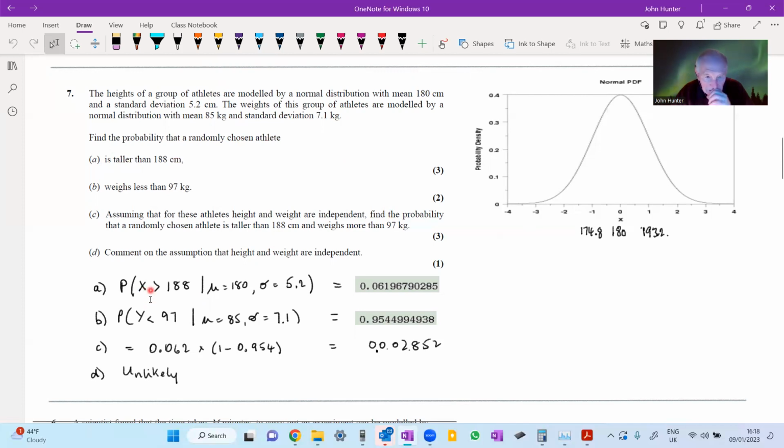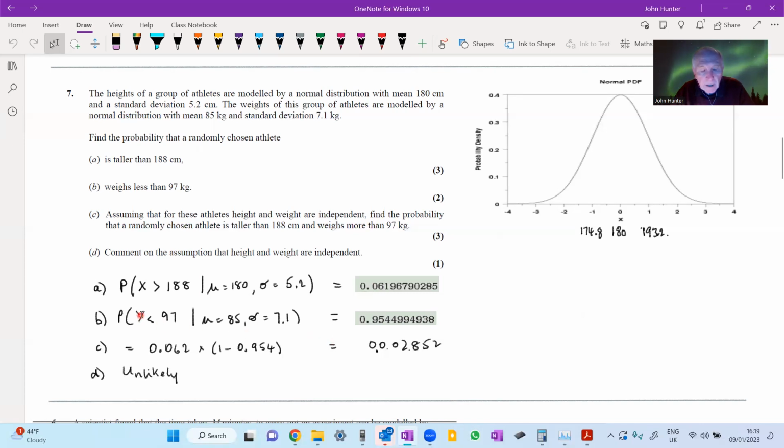So that's what this is. Probability that X is greater than 188, given these parameters. Stick this in our calculator. So taller than 188, this would be our lower value, and our upper value on the calculator would be some big number, four 9s perhaps. And that gives us that.